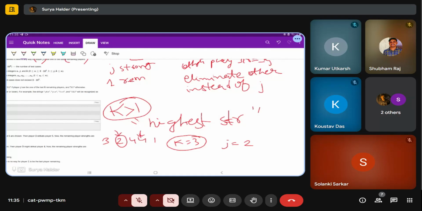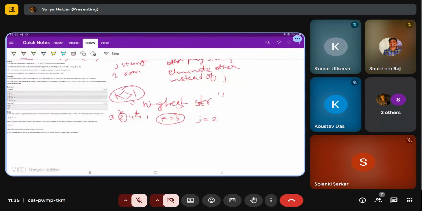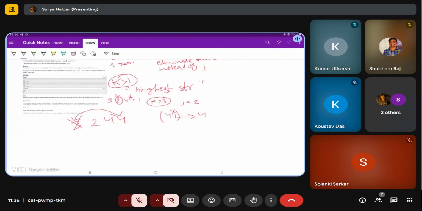So I will be choosing two players at random. Let me first choose 4 and 1. After 4 and 1, 1 is eliminated and only 4 will remain. So my array becomes 4, 2, 4, 4. After that, let me choose 4 and 3. So with 4 and 3, 3 will be eliminated, 4 will remain.